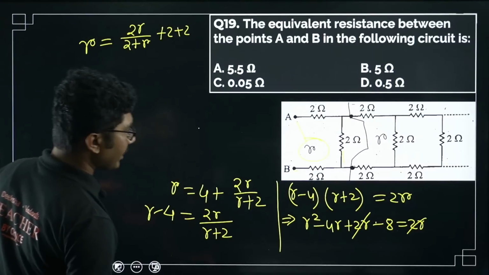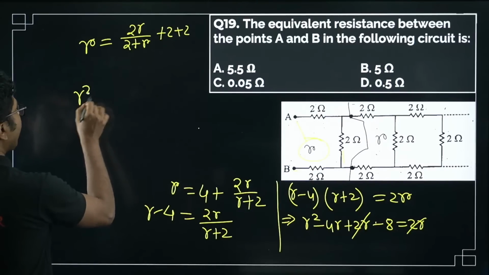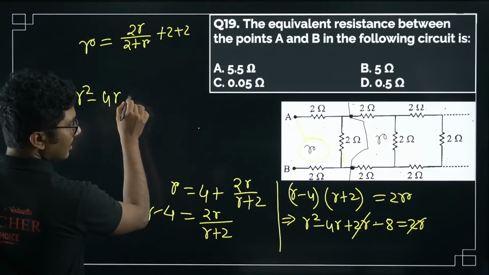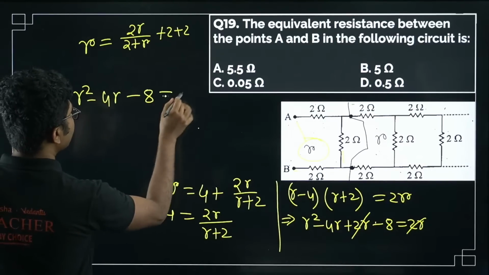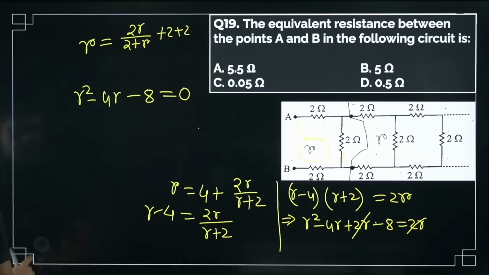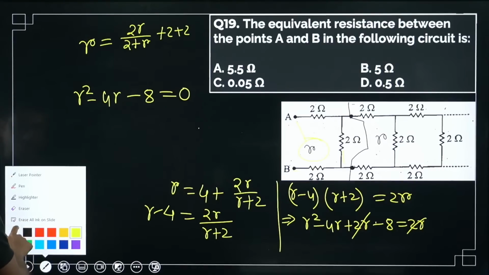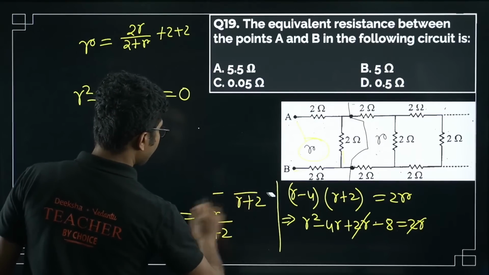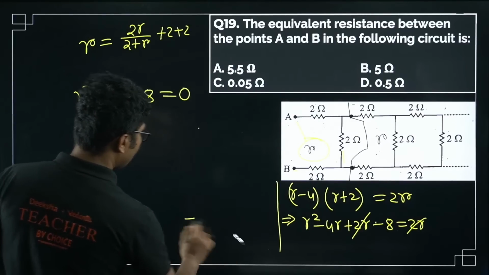The equation will be r square minus 4r minus 8 equals 0. Now I think it has no direct root. Okay, you have to use the quadratic root formula.